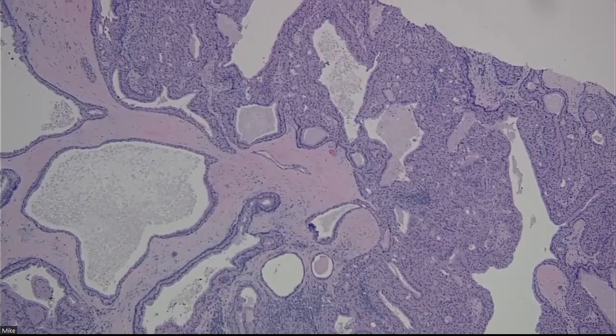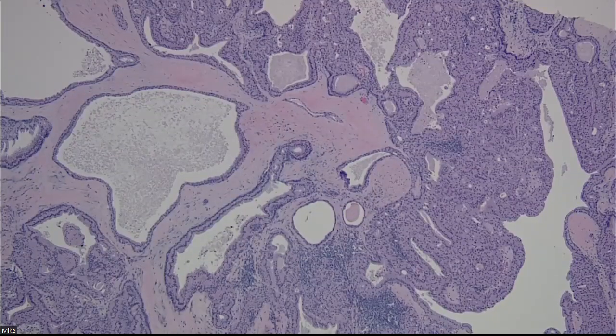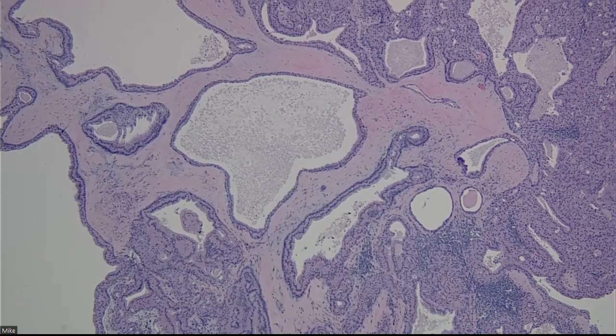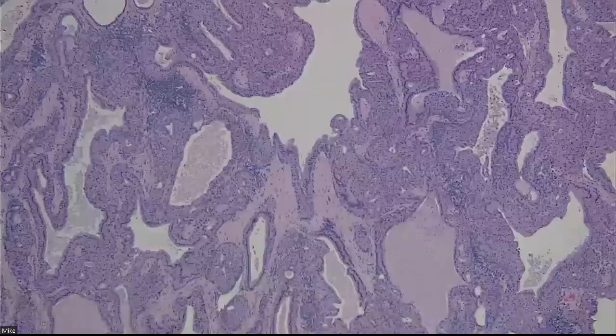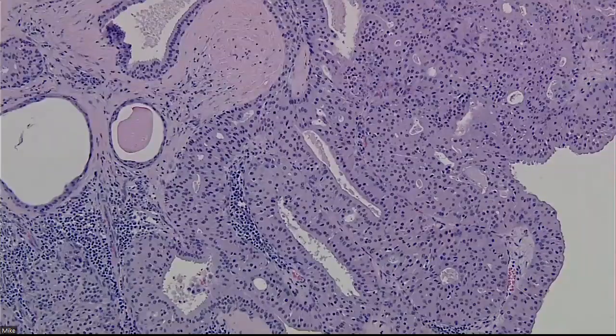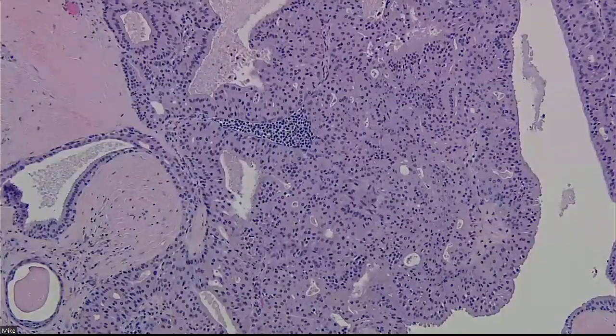Where was it? Maybe here, where it's much more epithelial rich as opposed to lymphoid rich. So you really have to take into account the entire tumor and say, at least focally there are cystic spaces, multifocally there's lymphoid stroma, and focally there's this epithelial proliferation. We don't really have any words to say about this more epithelial proliferative region in Warthin tumors.